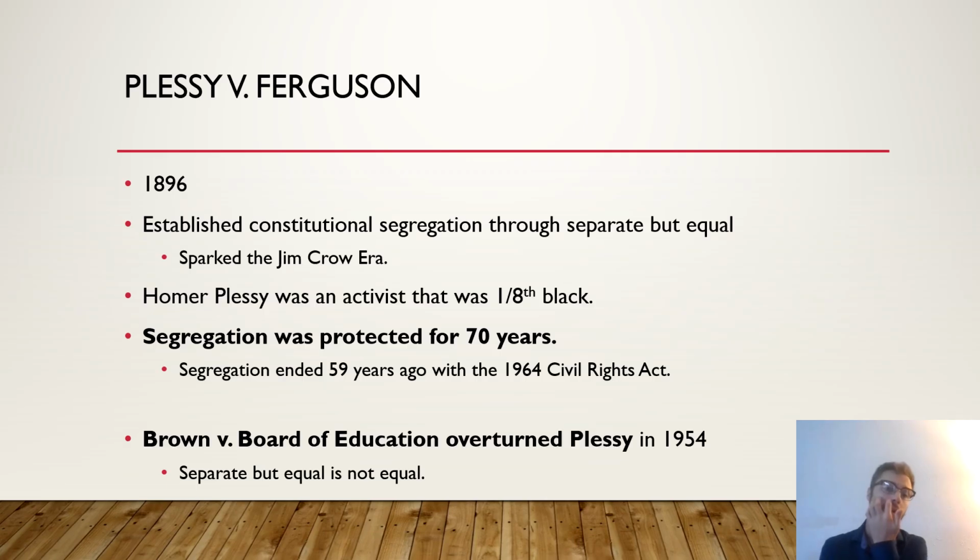Plessy versus Ferguson in 1896 was a Supreme Court case in which we had an individual by the name of Plessy, who challenged the railway legislation, I believe the exact name is the Separate Car Act of 1890, in which we had the legal segregation of passengers on railway cars when they travel on trains in the United States. So this was, of course, segregation at its peak.